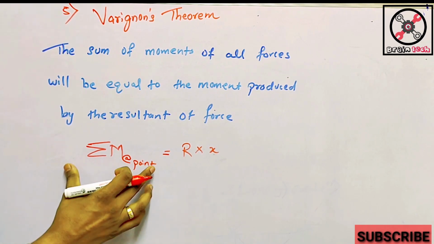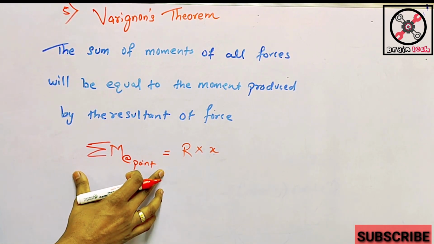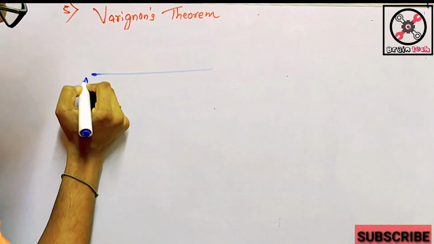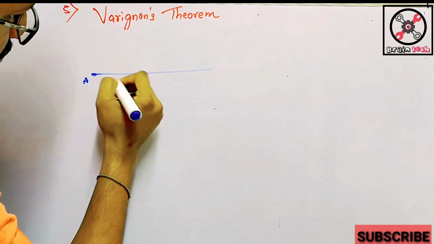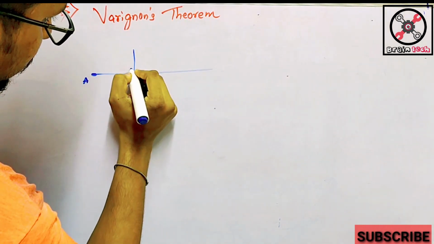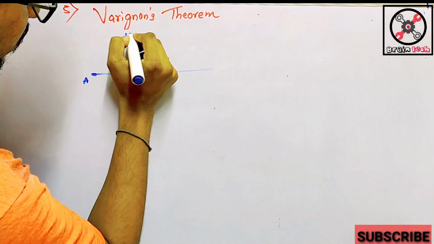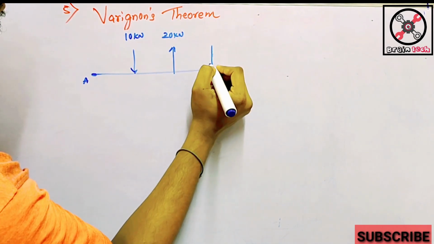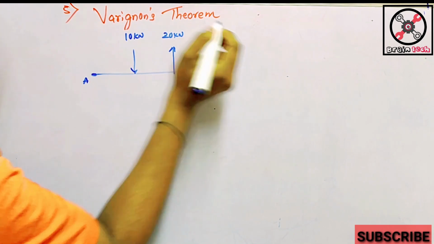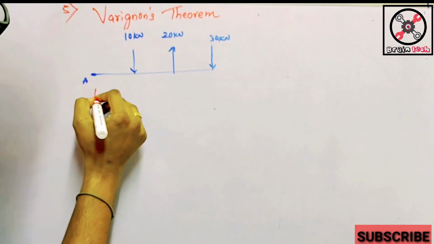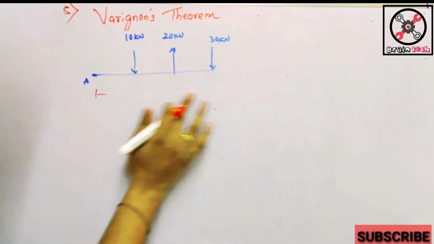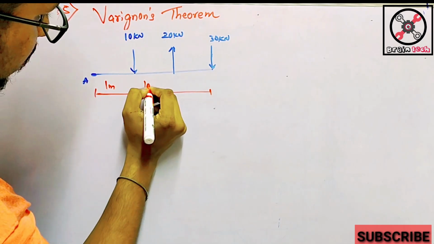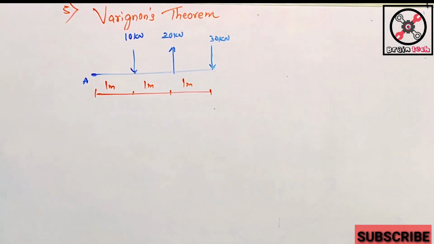Suppose here summation of moment about any point means what? For example, this is point A, and on this rigid body there are different loads acting on it, which are 10 kilonewton, 20 kilonewton and 30 kilonewton, which are at distances of 1 meter, 1 meter and 1 meter.